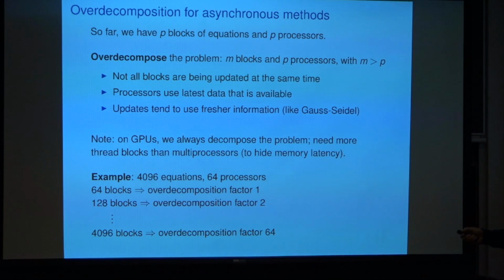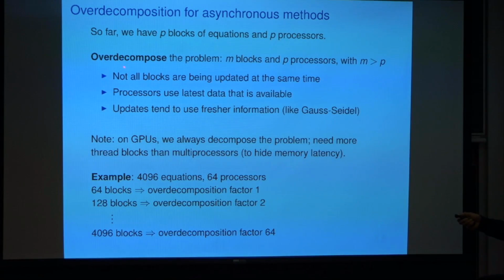When blocks are updated, when those equations are relaxed, then the new values of x become available to other processors. So this has an effect like Gauss-Seidel because the updates will tend to use fresher information. So you would expect convergence to be faster.